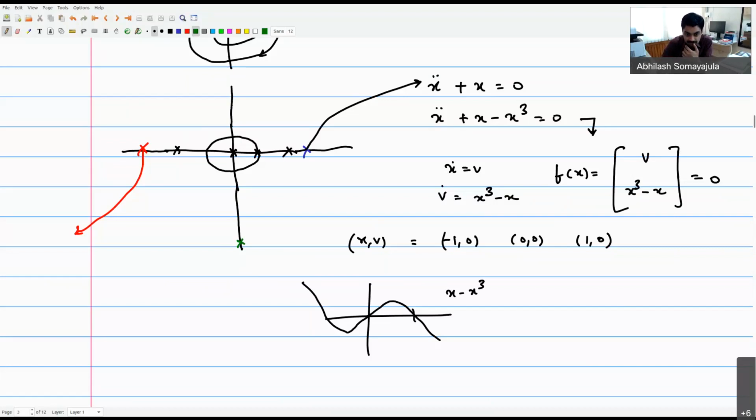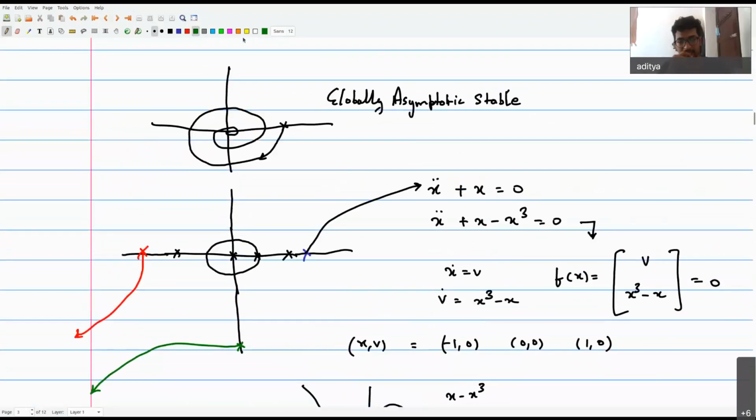So here V dot is 0. V dot is 0. But V is negative, so X dot is negative, so X will decrease. And as X decreases, X will probably cross 1. So, no, negative 1, minus 1. So it will basically go off like that. Right? And similarly, if I have a point which is way high up on this point, it will also try to run away this way.